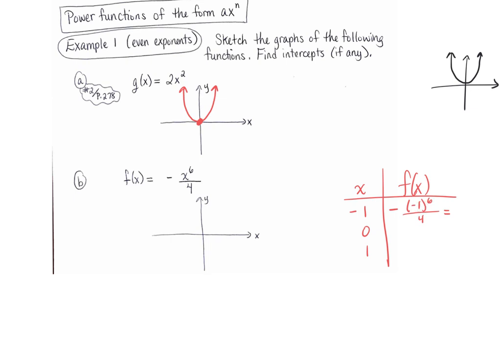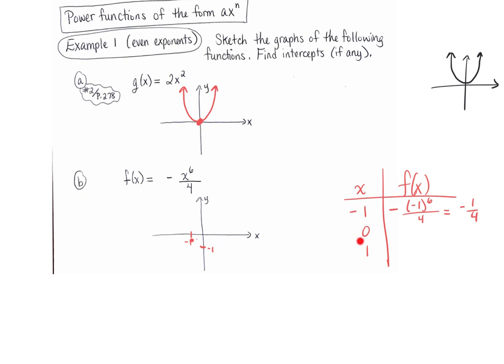This is a positive 1, but you have that negative on the outside, so you end up with -1/4. So when x is -1, you end up with -1/4. Somewhere here.